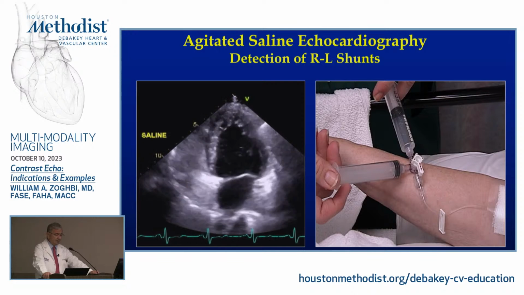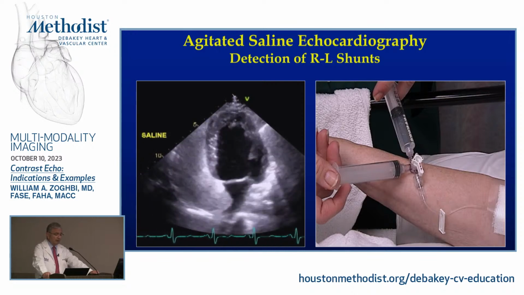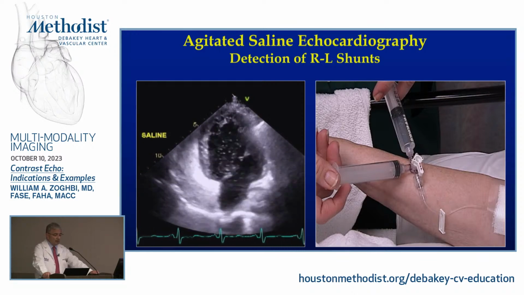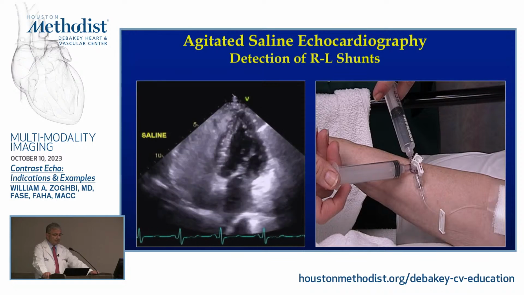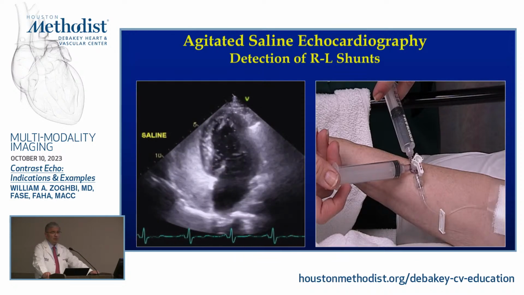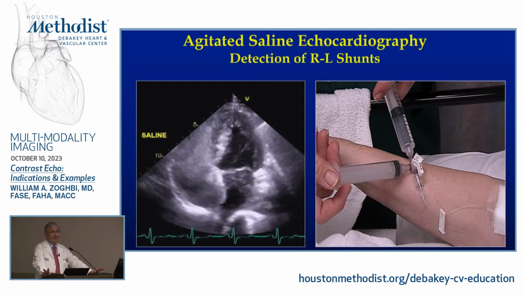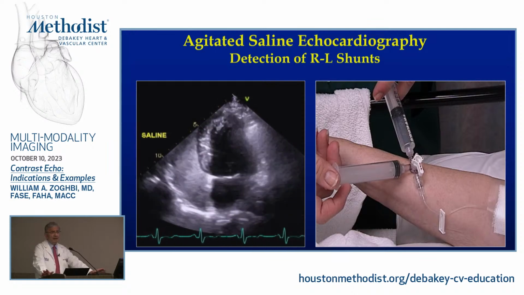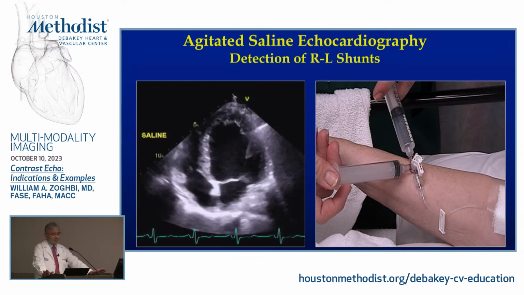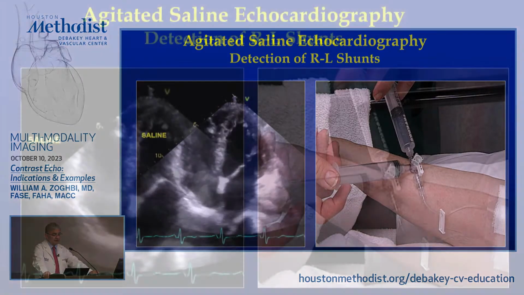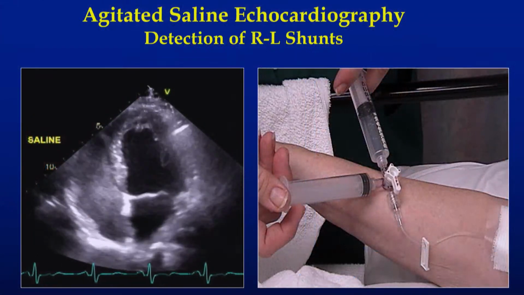In the past, we mixed saline with blood, which gives you more echogenicity, if you will. So these tiny microbubbles resonate and reflect ultrasound. And that's why you see this white contrast coming into the right side of the heart.